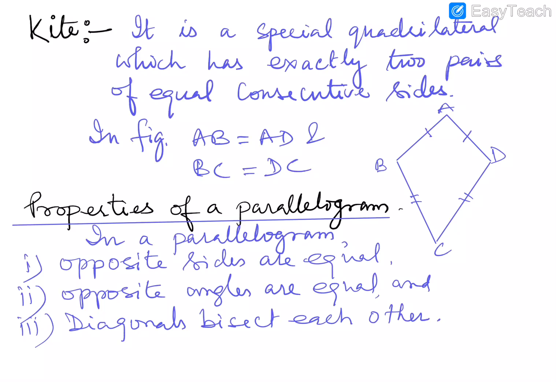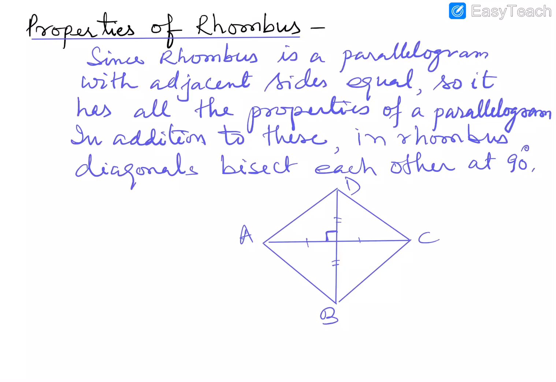Now coming to the properties of parallelogram. In a parallelogram, opposite sides are equal, opposite angles are equal, and diagonals bisect each other. Properties of rhombus. Since a rhombus is a parallelogram with adjacent sides equal, it has all the properties of a parallelogram as described in the previous slide.